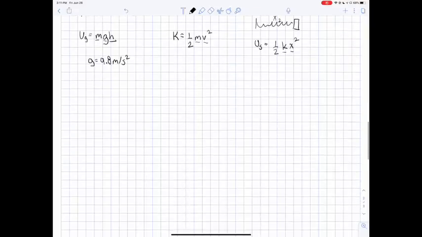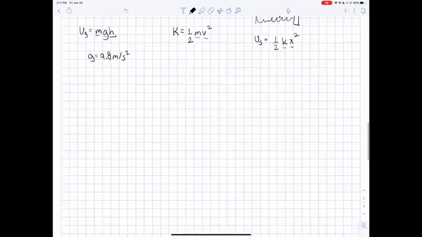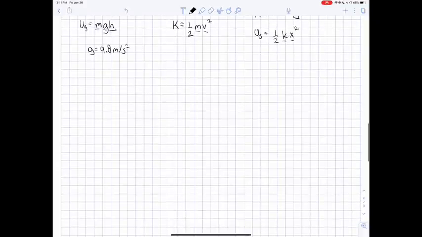Now, lastly, just to be thorough, it is very important that you understand the value of units. So units, very important.